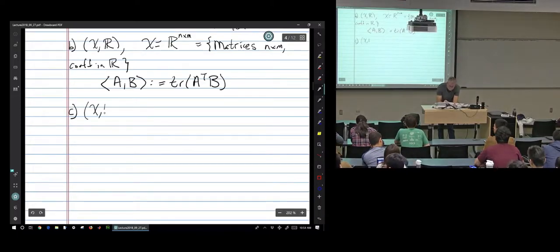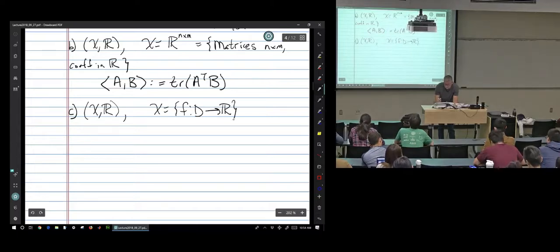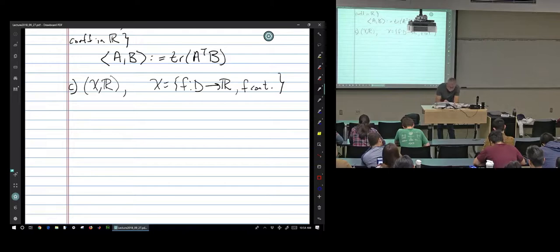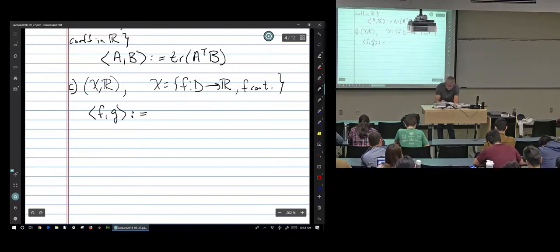Let's do another vector space where X is, and I'll take a shortcut here. You guys know what D is. So our continuous functions from some subdomain in the reals to the reals, inner product f and g is by definition equal to the integral from a to b of f of tau, g of tau, d tau.